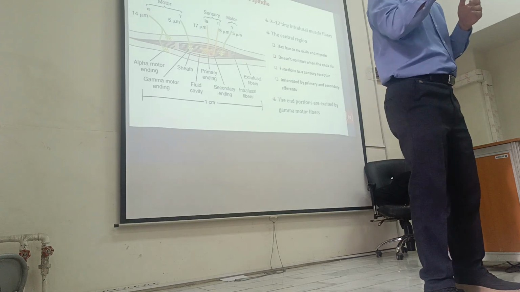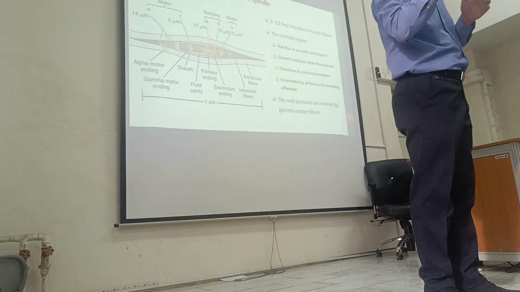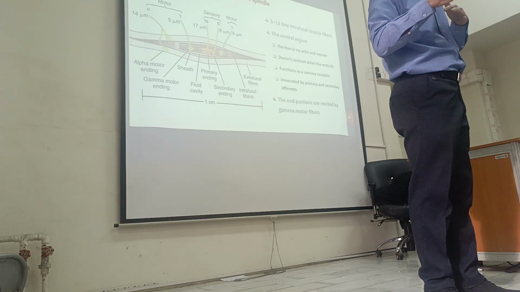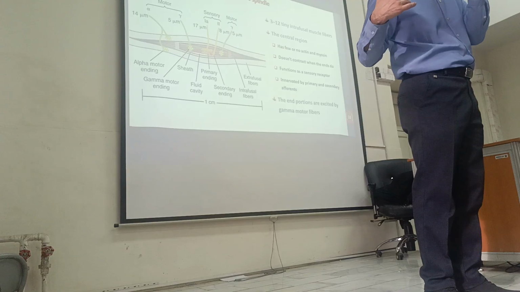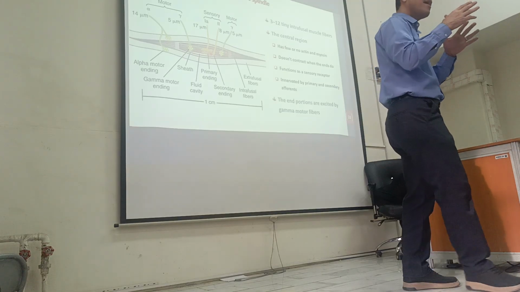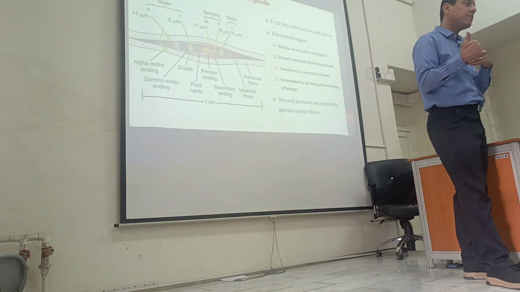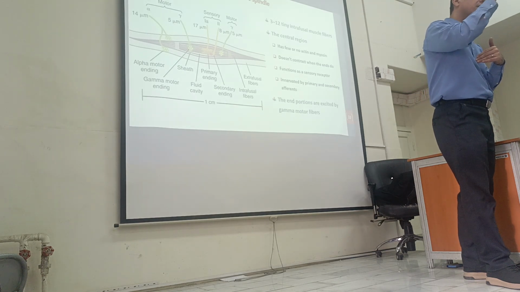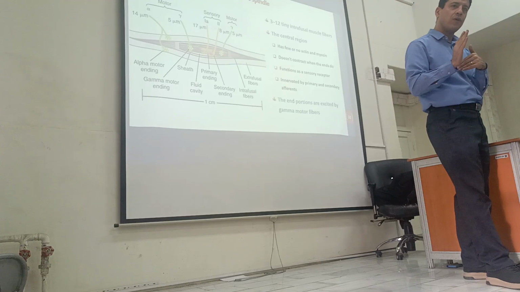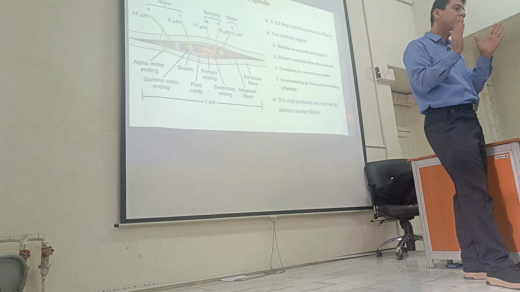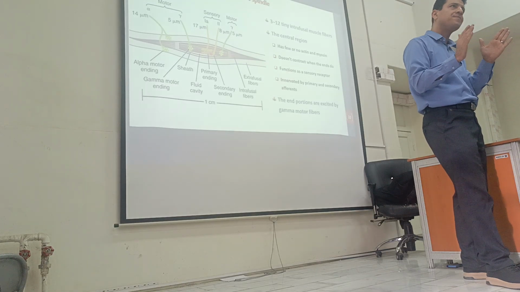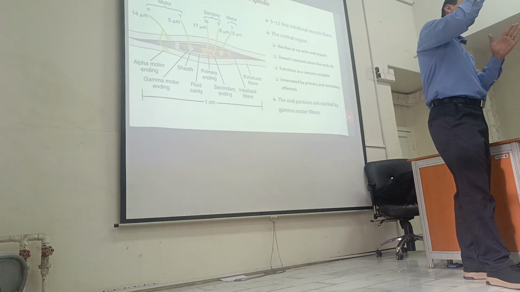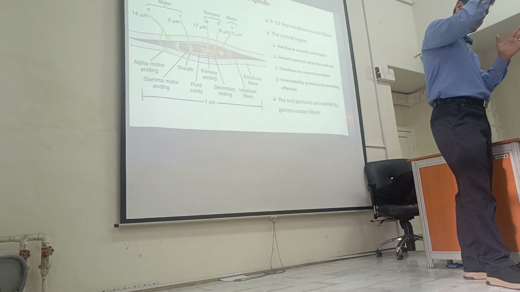Remember that we had 1 alpha, 1 beta, 1 gamma, 1 delta, A alpha, A beta, A gamma, A delta, right? And then we had C fibers, undivided. But we had also type 1, 2, 3, and 4. Type 4 is similar to C type, undivided. Type 1 is similar to A alpha, right?